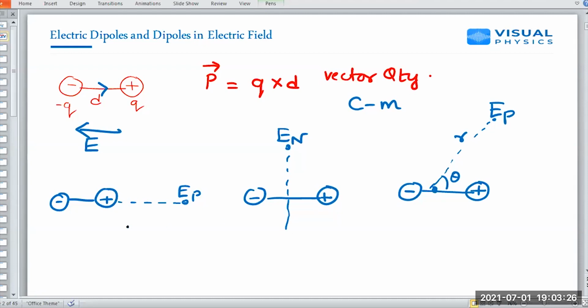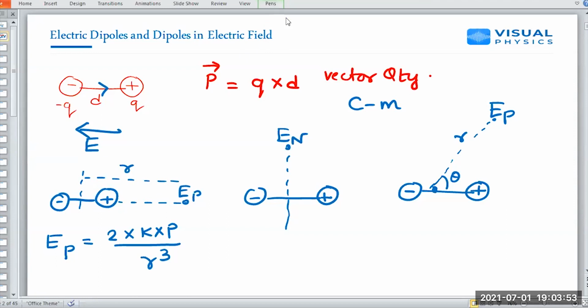Okay, so electric field at an axial point is directly given as E is equal to 2 into K into P by R cube, I am just writing the magnitude, where R is the distance of the point from the midpoint or center of dipole.